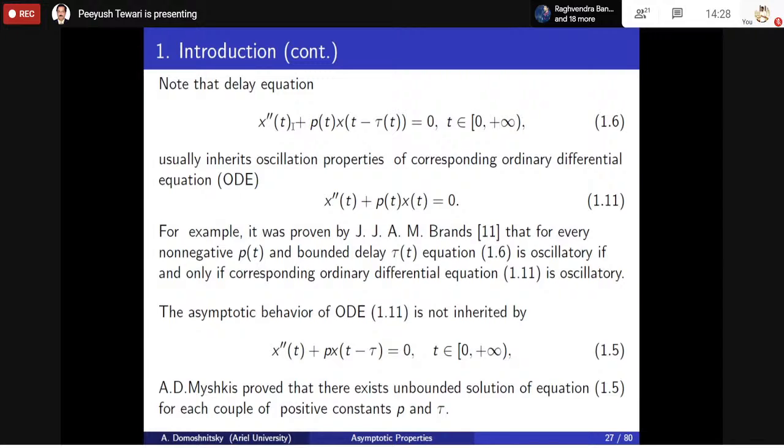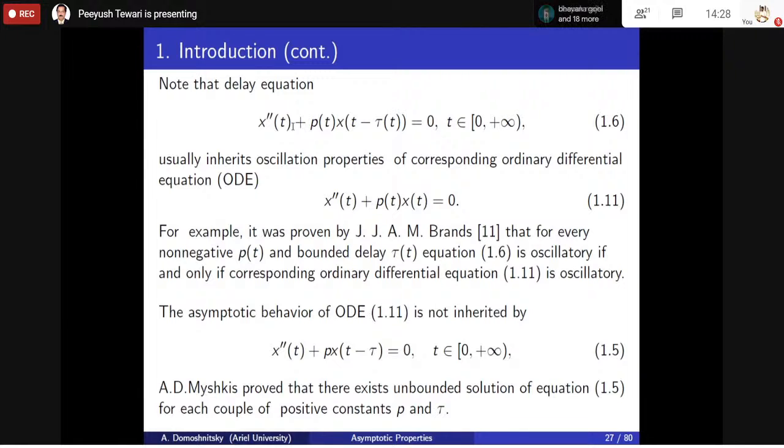But for asymptotic properties, we have something else. Myshkis proved that for every positive constants p and tau, we have an unbounded solution for equation 1.5.